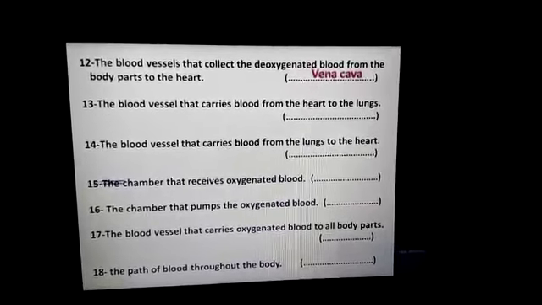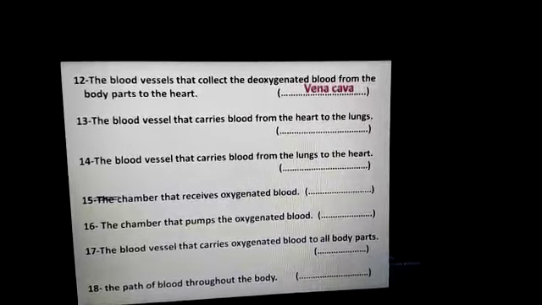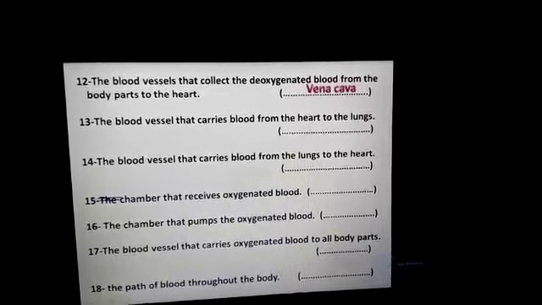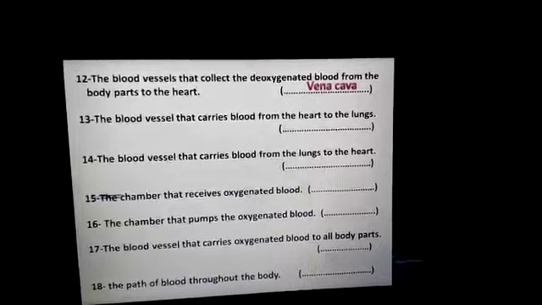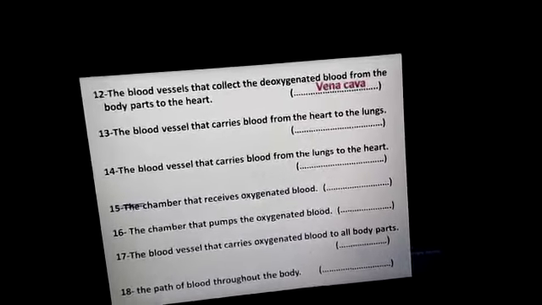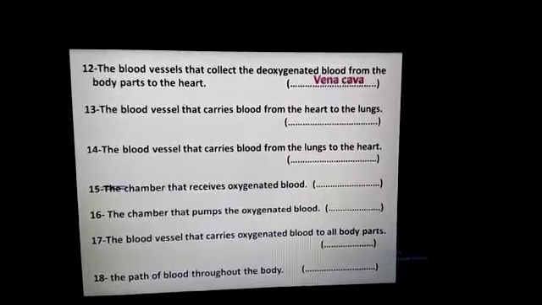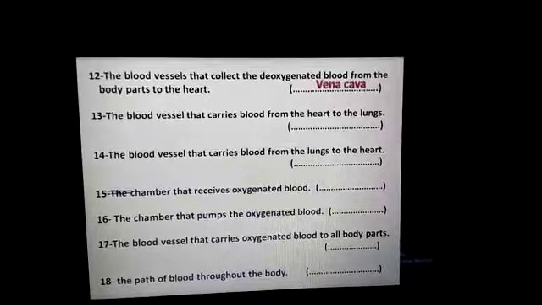And then number thirteen, the blood vessel that carries blood from the heart to the lungs. Which blood vessel carries this deoxygenated blood from the heart to the lung? From the heart to the lung, so is this artery or vein? From the heart, so it is artery.